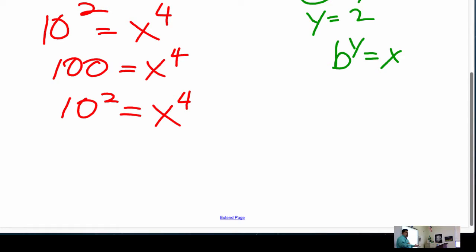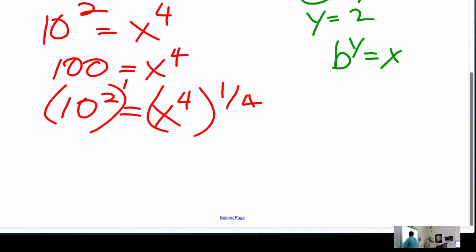Now, remember, not only for square roots, but for any even root, 4th root, 6th root, 8th root, 10th root, we have to consider the plus or minus. So when I raise this to the 1/4, I've got to do that on the other side as well.